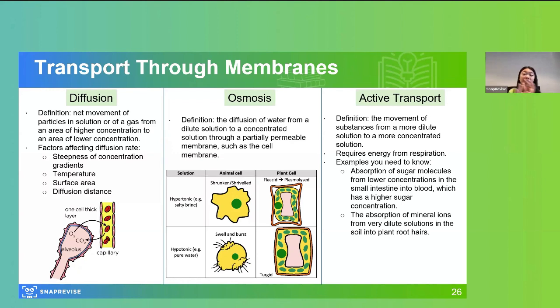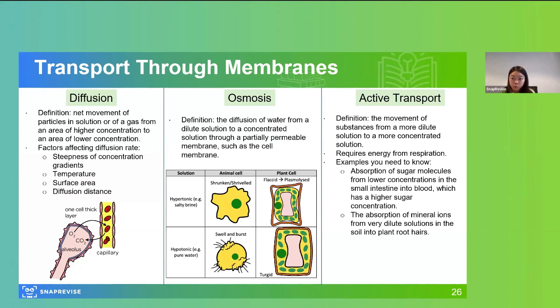Think of it like a very thin towel. If you pour water over a very thin towel, more water is going to come through than if it's very thick. So that's how you would think about diffusion distance. The shorter the diffusion distance, the higher the diffusion rate.